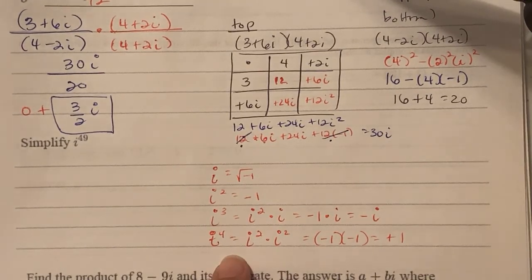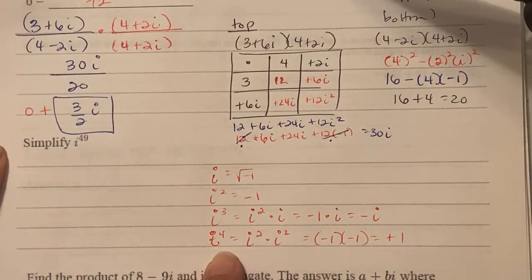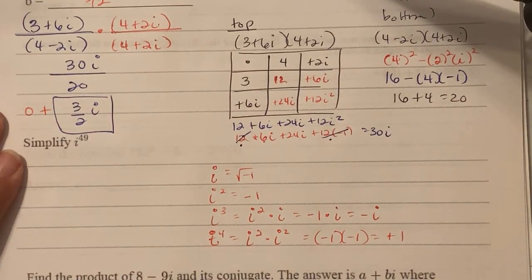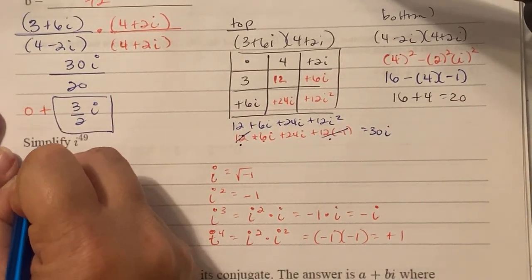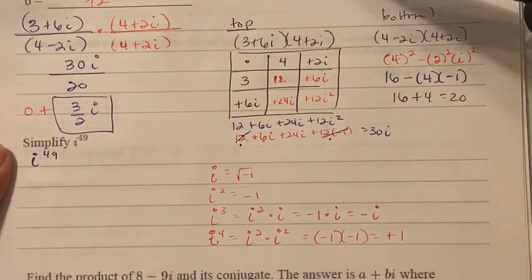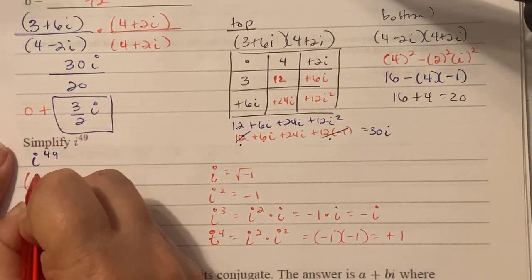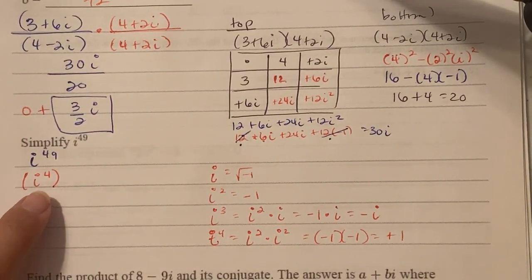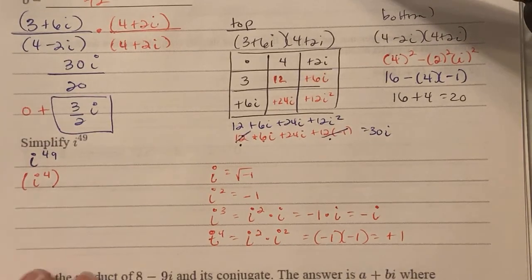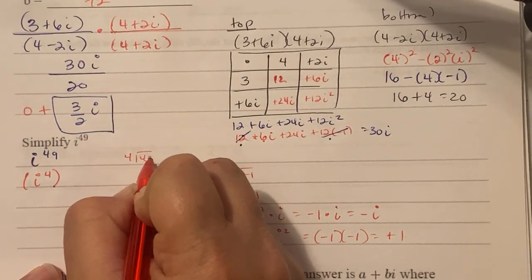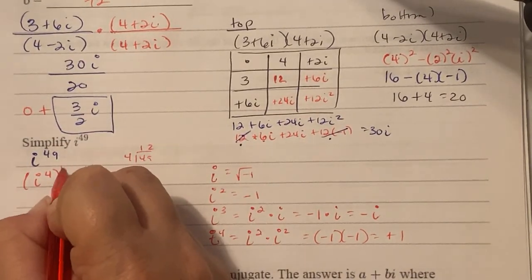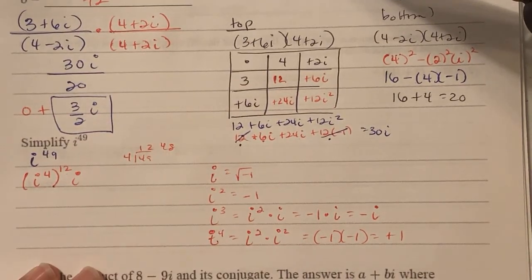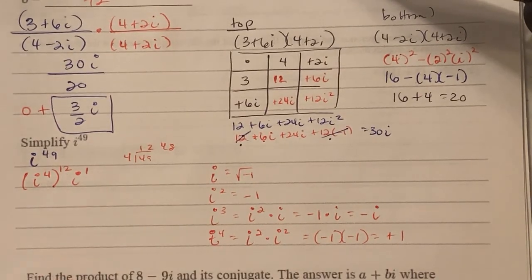The reason I'm showing you this is that if you know these 4 original pieces, you know the power of any of these. So the trick is take your original and change it to a base power of i to the 4th raised to a power. You want to think about how many times the number 4 goes into 49. 4 goes into 49 12 times. That's 4 times 12, which is 48, with an additional i value, there's my 49th piece.